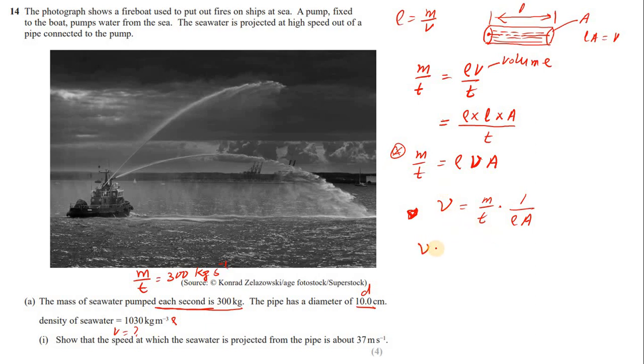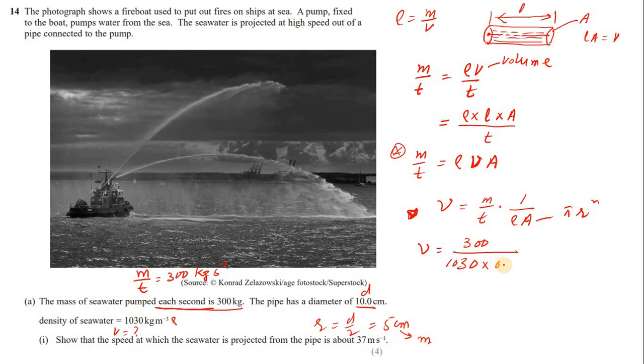Now, v is equal to M upon T, which is 300, divided by density 1030 into area, and area is the area of cross section, which is pi r square. R is the radius, this is diameter, radius is half, r is equal to d upon 2, which is 5 centimeter. But here we are using the SI system, so this 5 centimeter must be converted into meter.